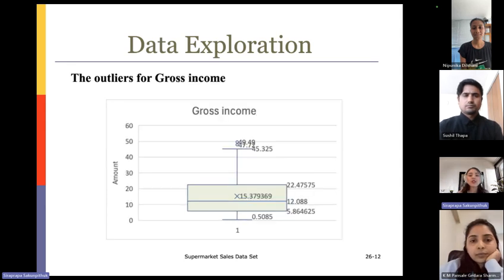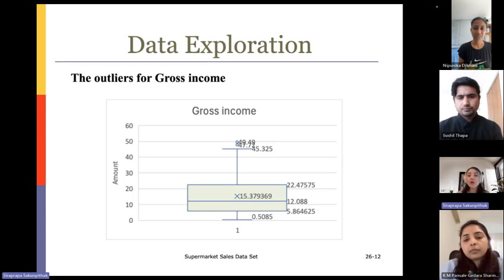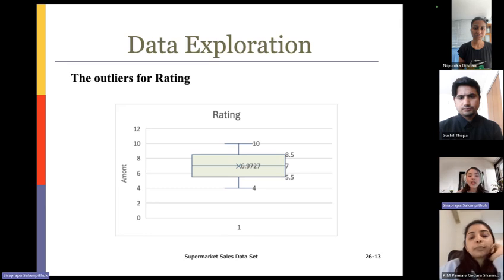Moving on to the gross income, the mean is 15.37, the median is 12.088, and the maximum is 49.49. And last on the list of outliers is the rating of the data, where the mean is 6.97, the median is 7, and the maximum of the data is 10.